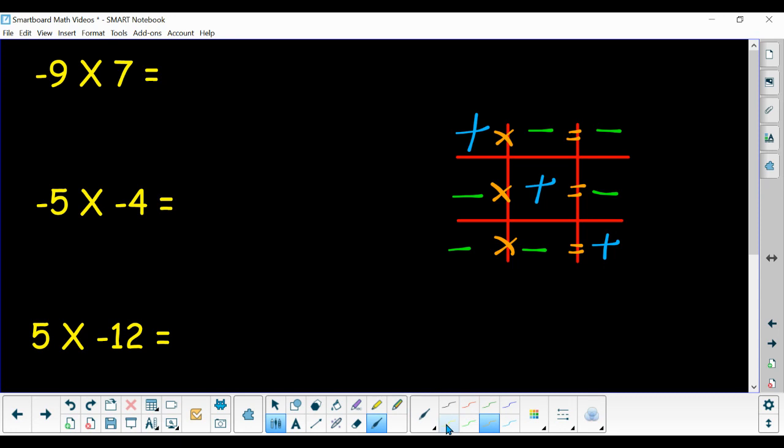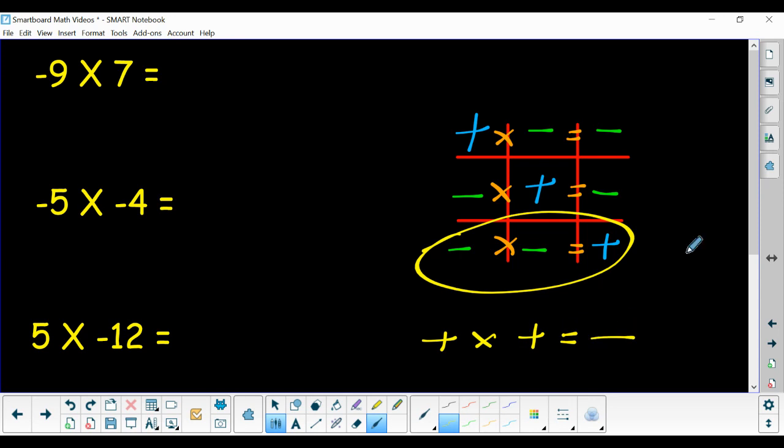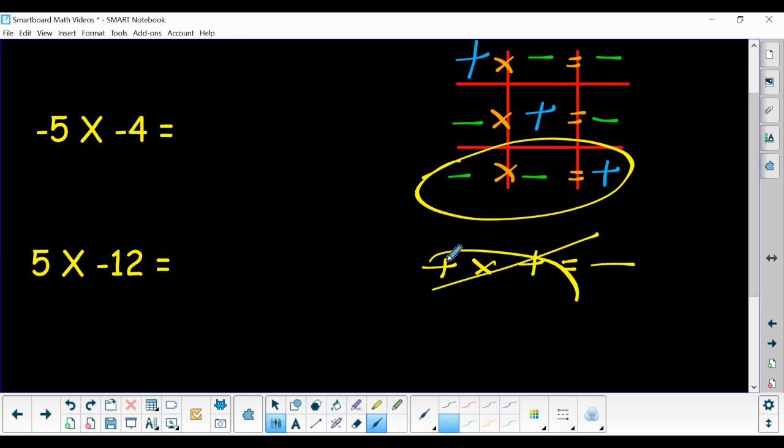Now while we're on this last part, let's go over some basic things. Just because a negative times a negative equals positive doesn't mean all of a sudden a positive times a positive equals a negative. Nope. We're not going to just all of a sudden change rules from what you learned in elementary.